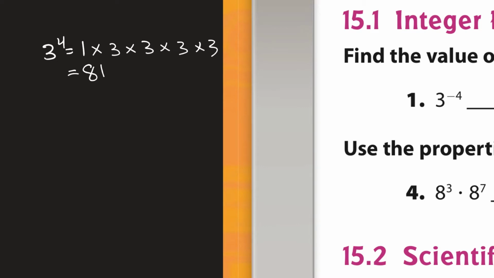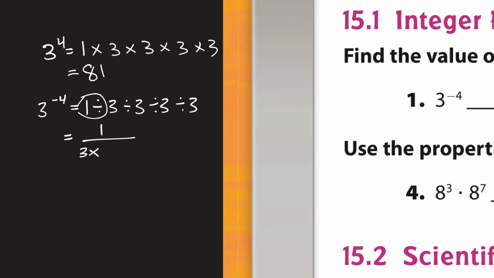Now, I tell you this because 3 to the negative fourth power ends up being 1 divided by 3, divided by 3, divided by 3, divided by 3. So this could also be written as 1 over, because it's 1 divided by. Then we could invert all this and say 1 over 3 times 3 times 3 times 3, which is 1 over 81.